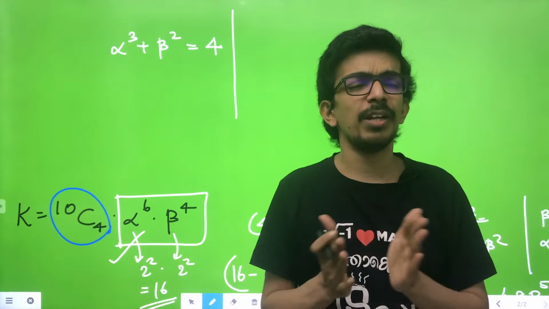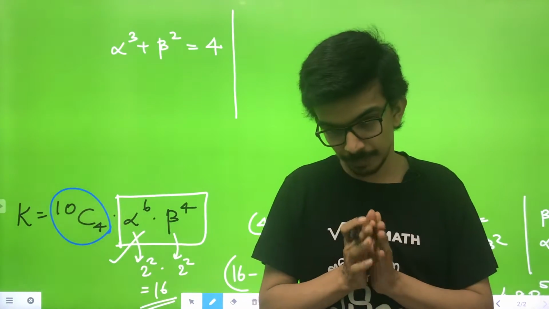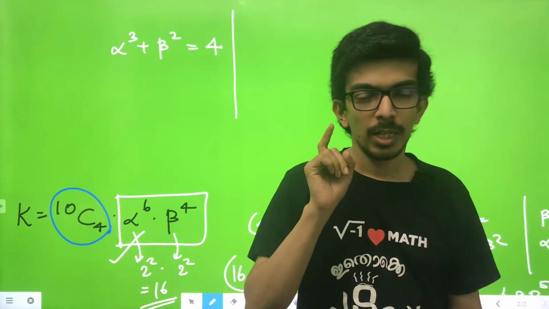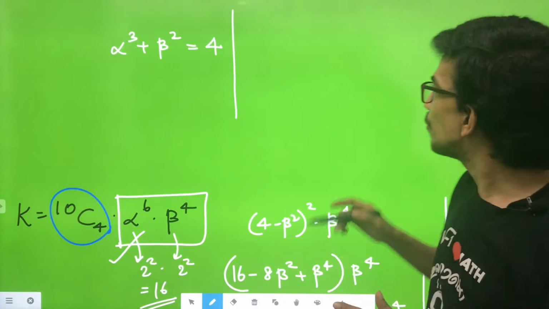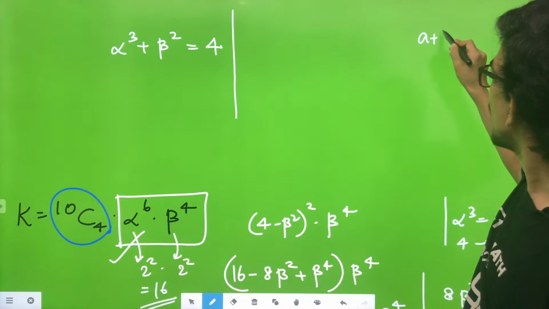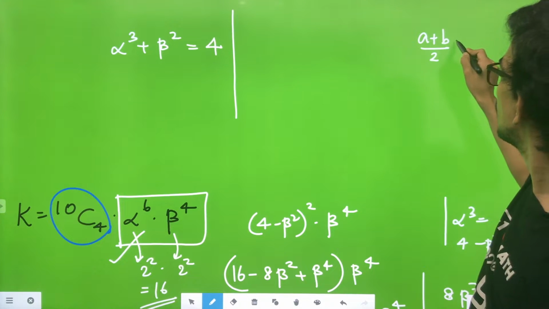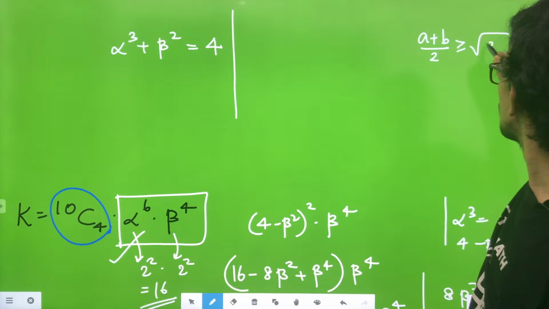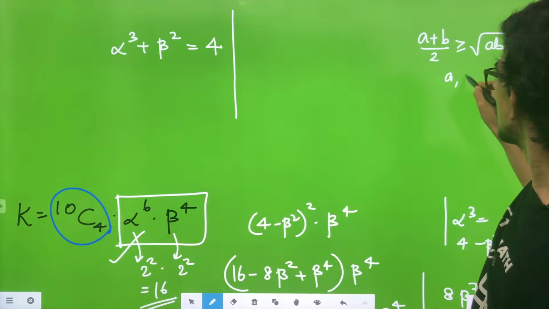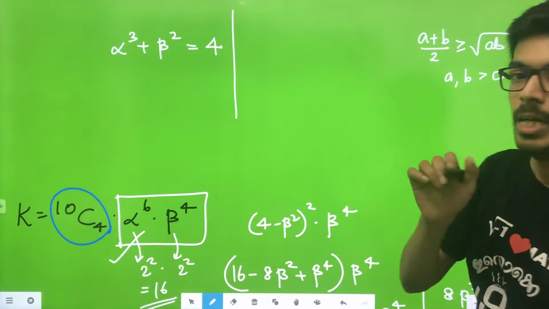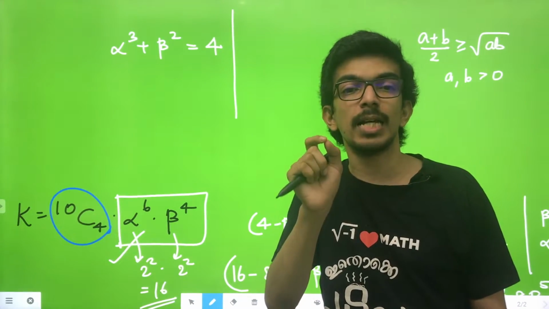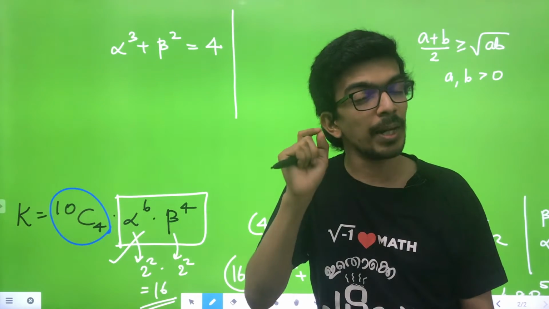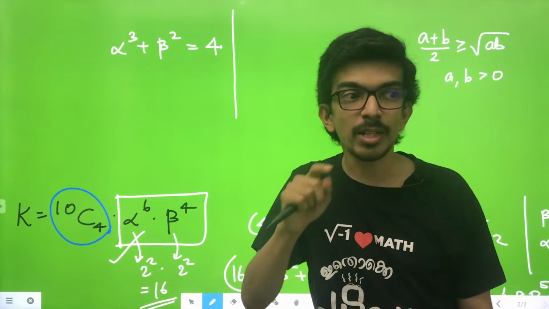How do we know that we can use AMGM inequality? First of all, in AMGM inequality, we have two positive numbers, A and B, and A plus B by 2 is greater than or equal to root AB. A is positive, B is positive. Now, how do you spot that AMGM inequality can be applied in this question? There are several things to observe.